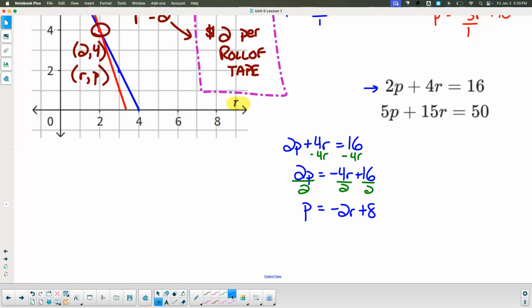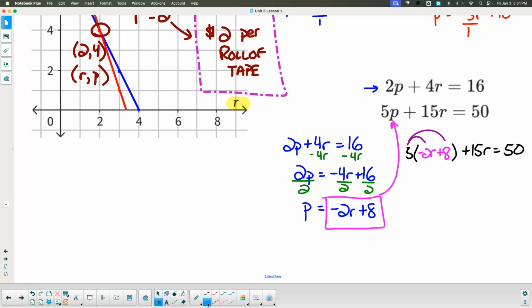So now I'm going to substitute. I'm going to take this and replace P in the other equation with that. So now that becomes 5 times the quantity negative 2R plus 8. Then I can distribute this 5 into both of those.